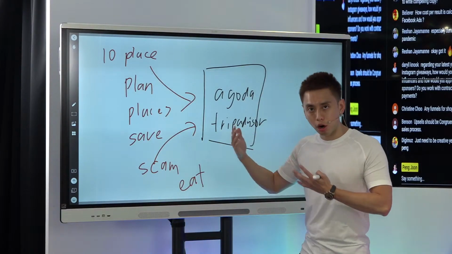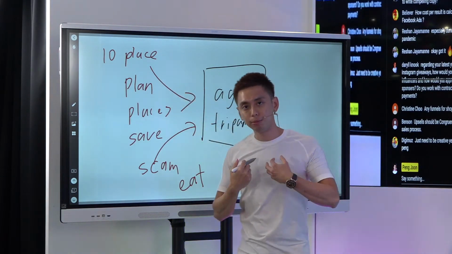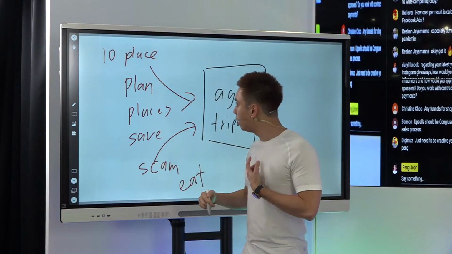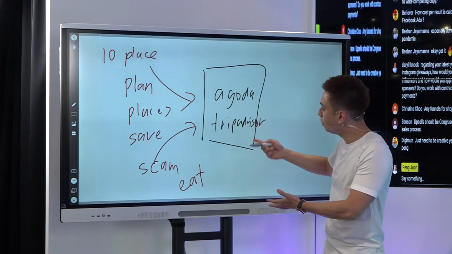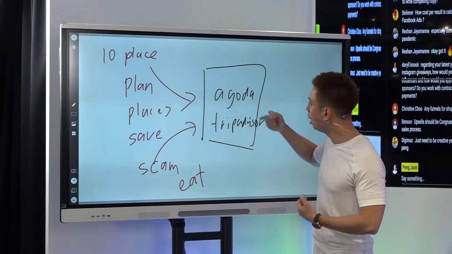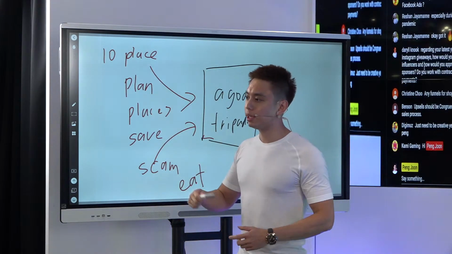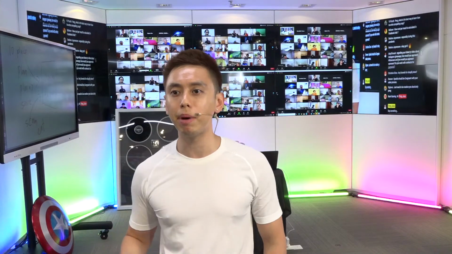So how can I create content that is based on search or based on ads, on interruption, so that they will find me and my video and my content or my Instagram or my ad, where at the end of it all, the call to action would be to send them to the thing that I want to promote, which could be my own product, a service as a travel agency, or a third party as an affiliate in order to monetize. So if you notice this pattern that is happening consistently, regardless of what market you're in, you're going to see that this is applicable for all niches.